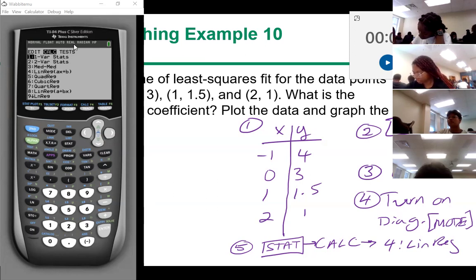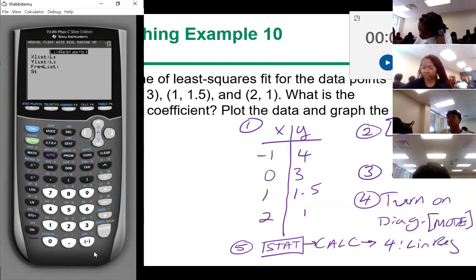Okay, so do we all see where I'm saying 4 for lin reg? So I'm going to press 4. And remember, we put our x's in L1, our y's in L2. And then we're going to come down here. And this is like the lazy thing. You don't have to do this feature, but it's actually pretty nice.